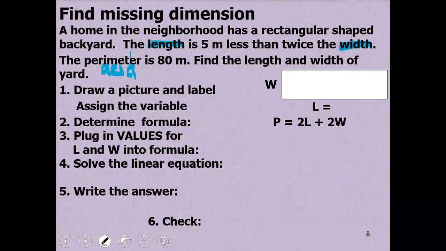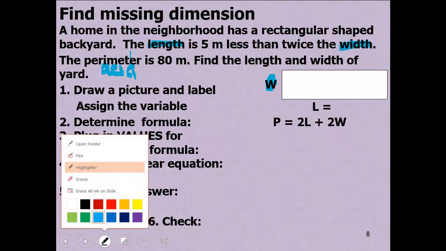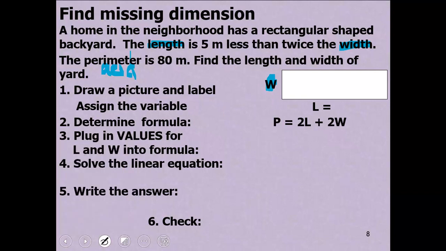So I want you to draw the picture. If it's a rectangle, draw a rectangle. Label your sides. I have W. I'm not going to change that because my length is described in terms of my width. But I do know that my length is 5 meters less than twice the width.